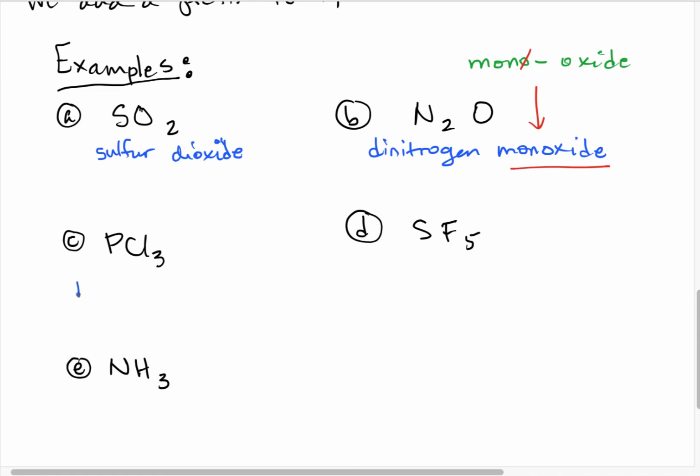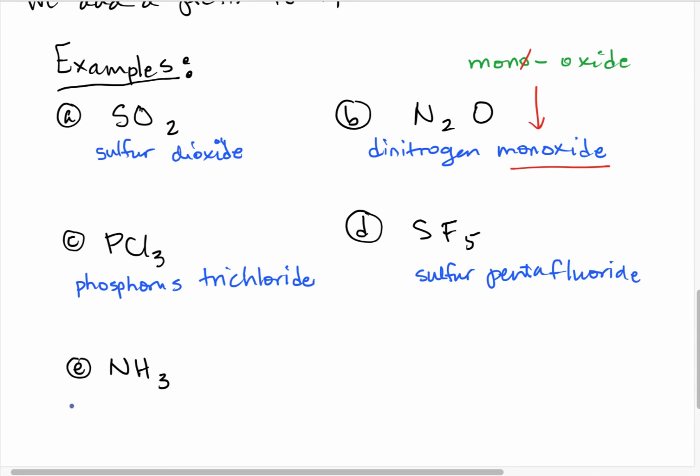This next one is phosphorus trichloride. D would be sulfur pentafluoride. And this last one would be nitrogen trihydride.